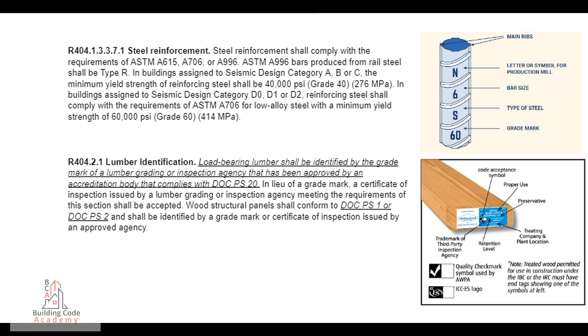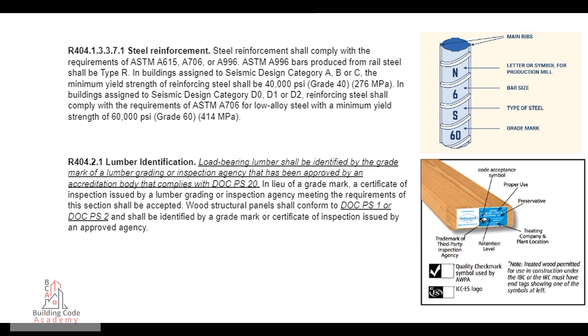In buildings assigned to seismic design category D0, D1, or D2, reinforcing steel shall comply with the requirements of ASTM A706 for low alloy steel with a minimum yield strength of 60,000 psi, grade 60, 414 MPa.